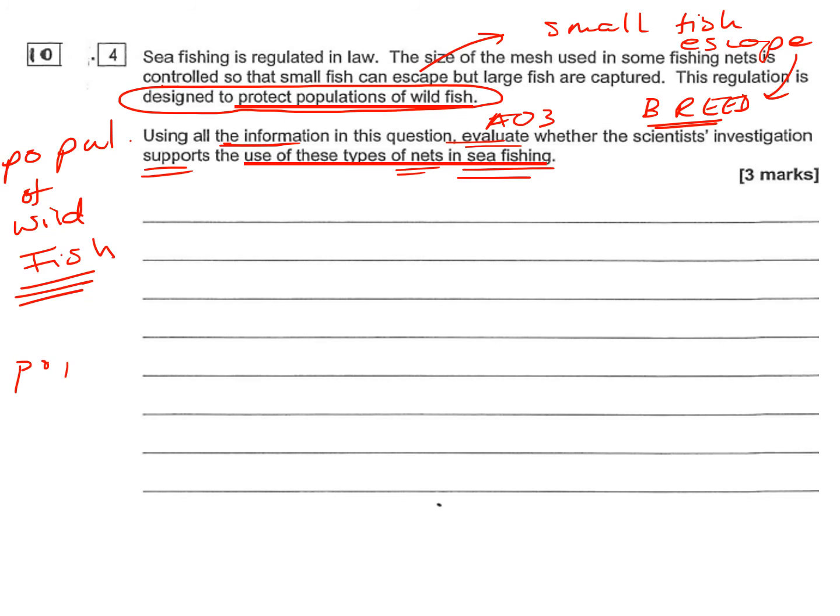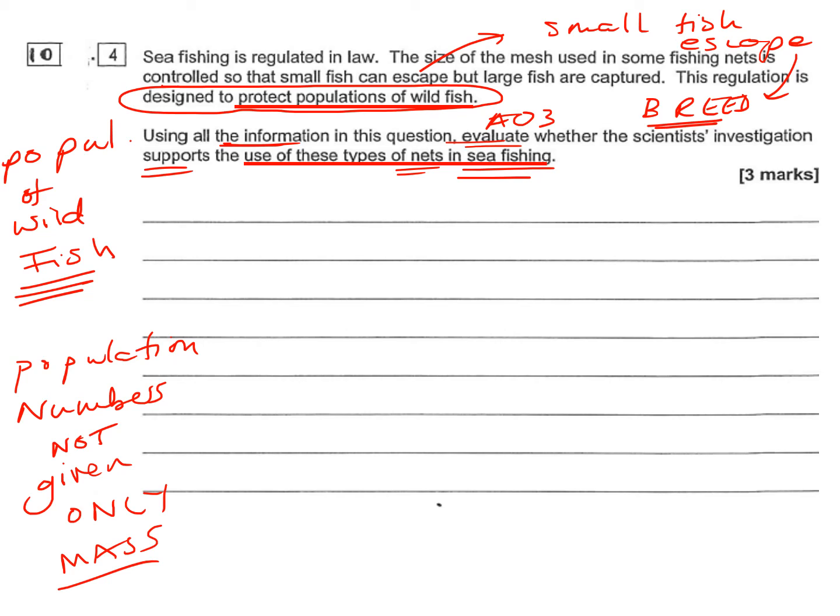So population numbers are not given in data, only mass. So we know how the small fish, when they breed together, affects their mass, but we're not given any data about the population number or the yield of these fish. So that's an important thing to remember.